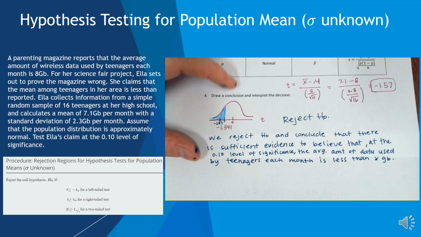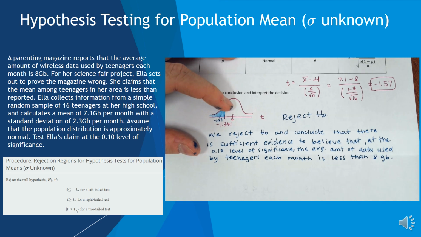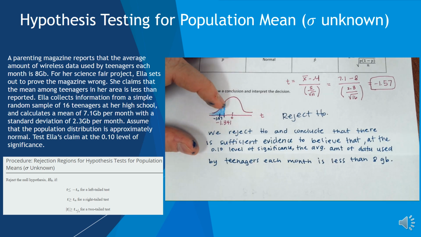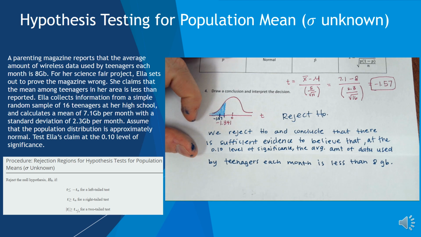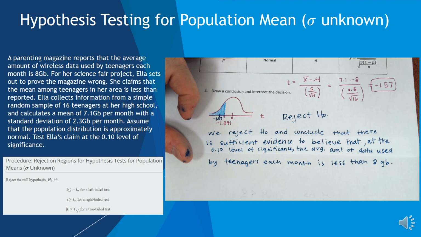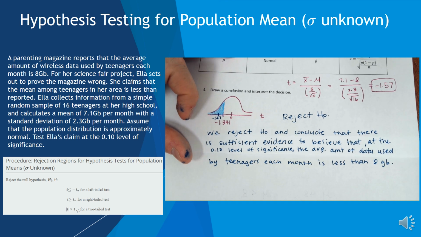Kind of got out of the frame there. There we go. Sorry about that. All right, so there's our interpretation. We reject H0, and we conclude that there is sufficient evidence to believe that at the 0.10 level of significance, the average amount of data used by teenagers each month is less than 8 gigabytes.